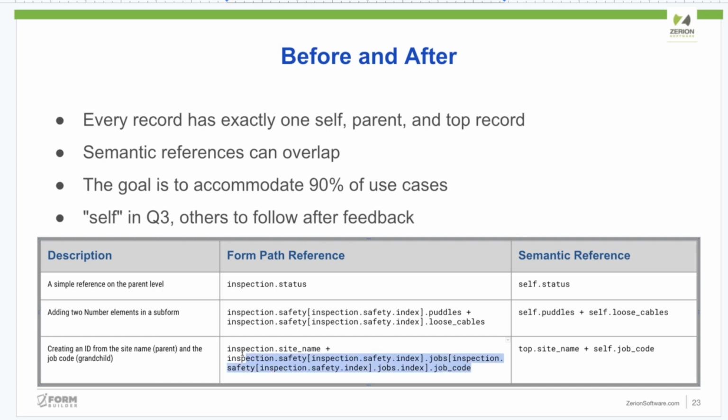And this whole piece should be able to be modified to top.site name. This is the topmost record, parent. And then self.job code. And this would look something like, I'm just making up some values here, let's say the site name is Zerion, and the job code would be something like 4567. We could get a value like this, where we're concatenating the two together.